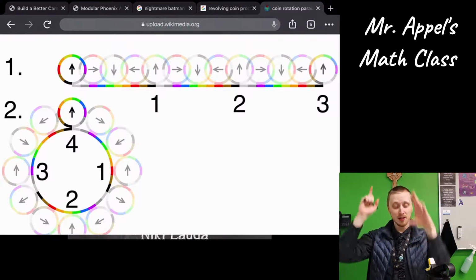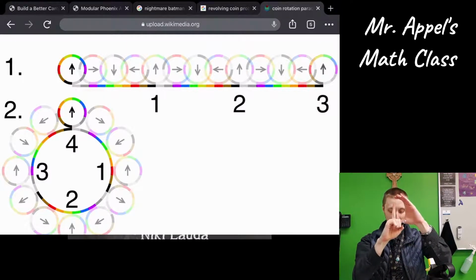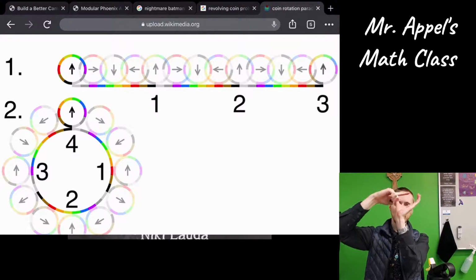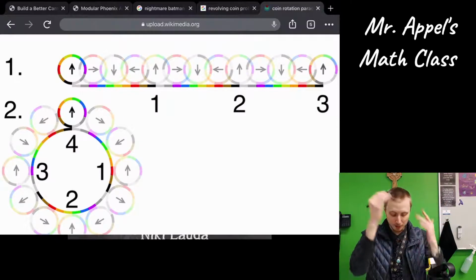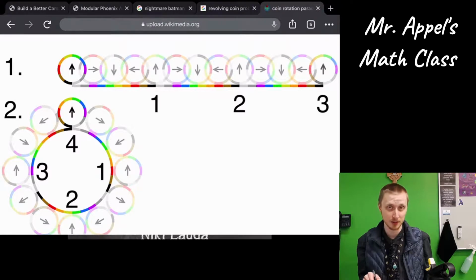And that is, you see the coin, look at that rainbow-colored circle with the arrow pointing up. Okay? And as it rolls across, okay, the arrow then points to the right, and then down, and then to the left, and then back up. Okay, so it completes 1 revolution, 2 revolutions, 3 revolutions as it rolls across this flat ground.